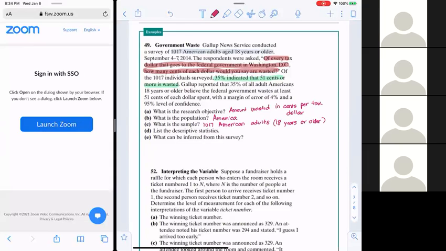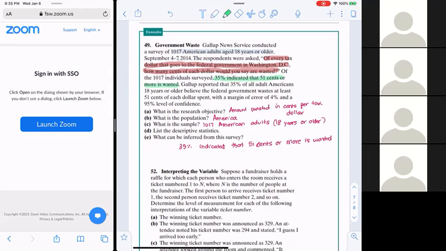And they want to list the descriptive statistics. So we have two bits of information. The first bit of information is that 35% indicated that 51 cents or more is wasted.